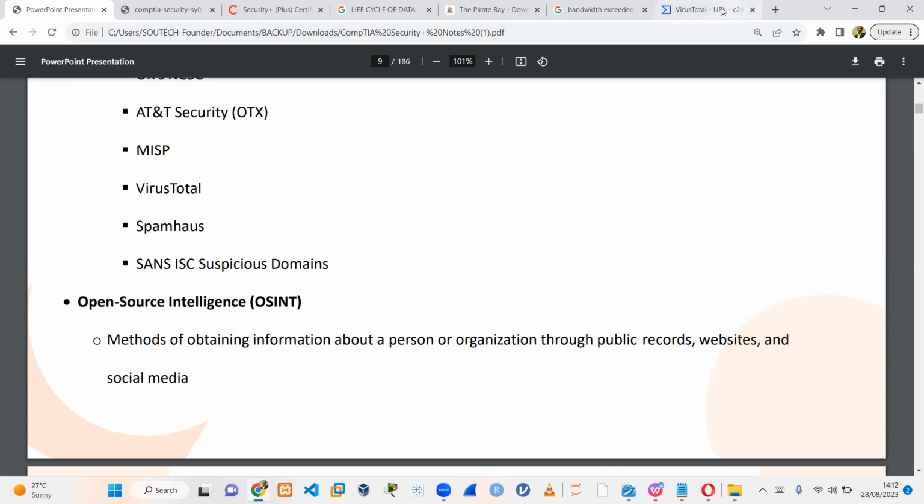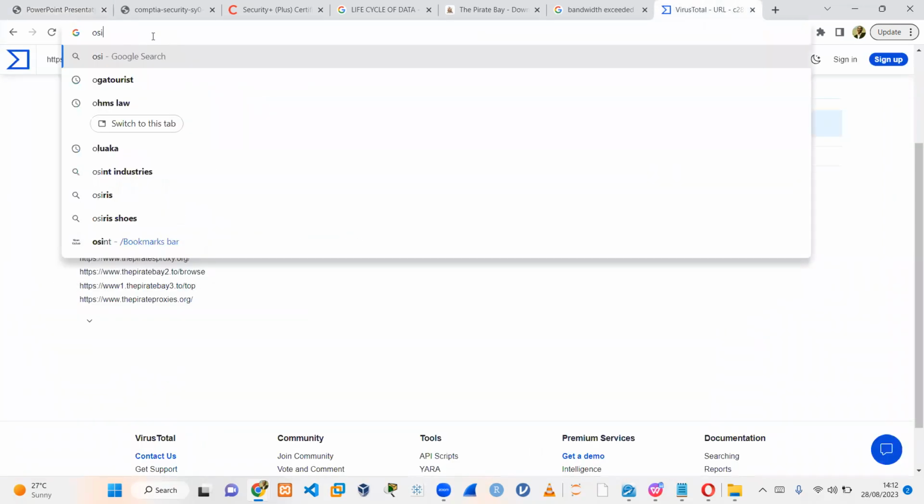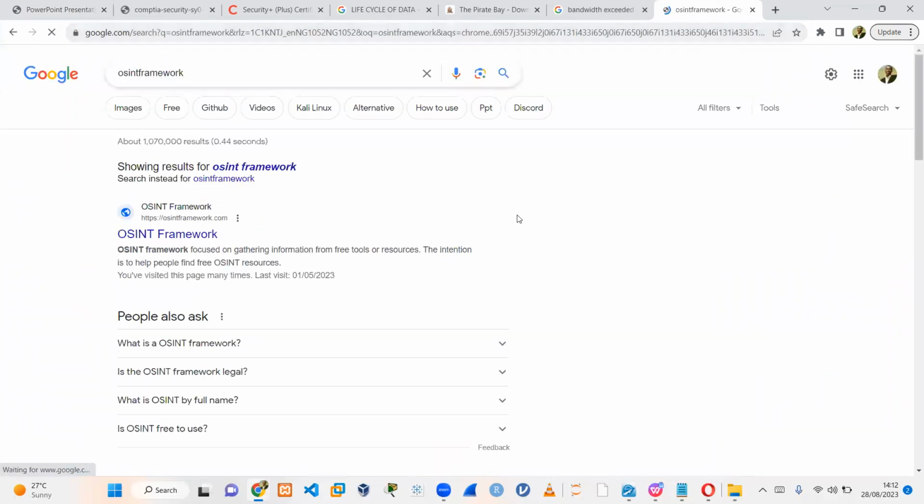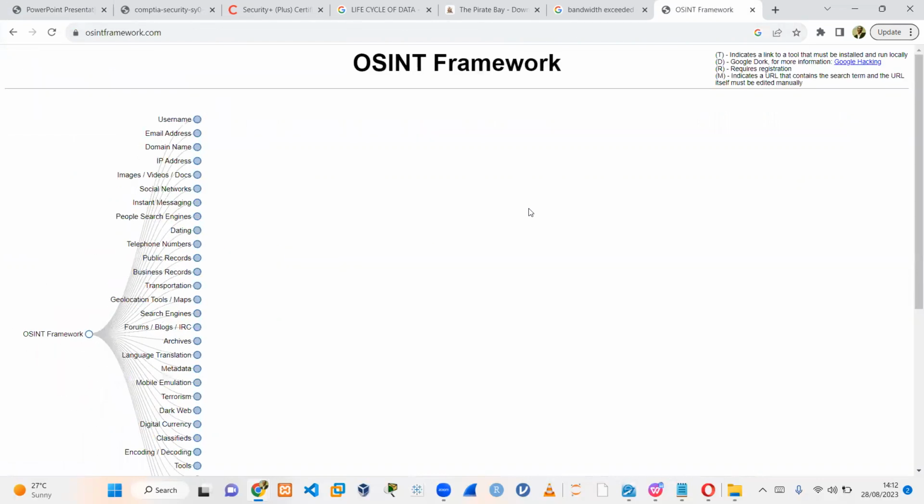There's even an open source intelligence framework, the OSINT Framework, and you have quite a lot of them. I love this one. It gives you different tools, different applications that you can use.